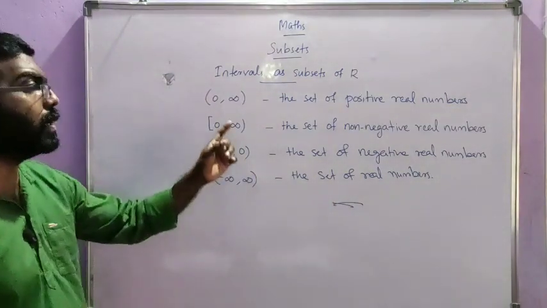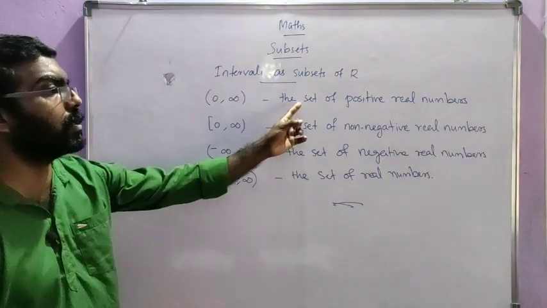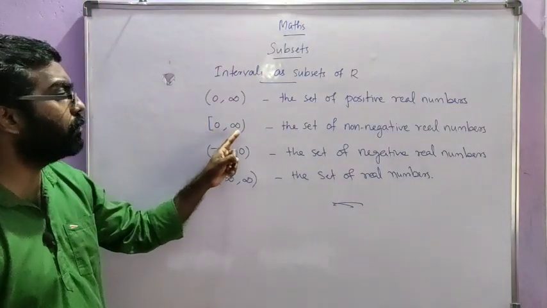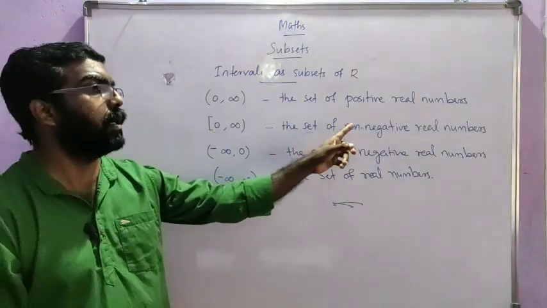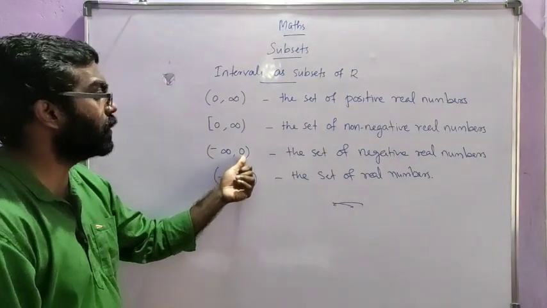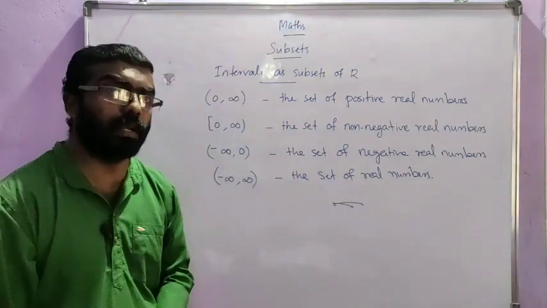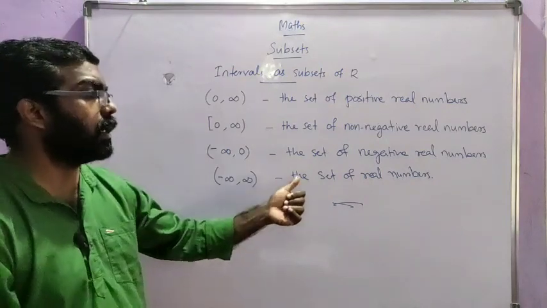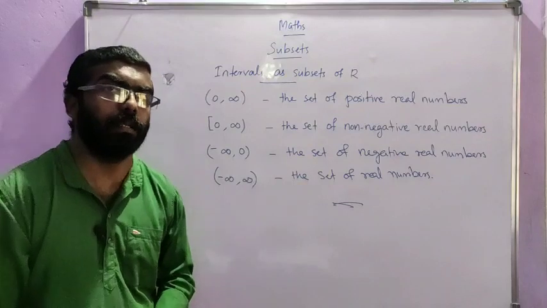Okay, so open interval 0 infinity means the set of positive real numbers, and closed interval 0 infinity open means the set of non-negative real numbers, and open interval minus infinity 0 means the set of negative real numbers, and open interval minus infinity, infinity means the set of real numbers.